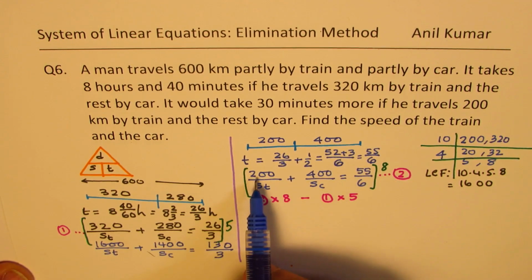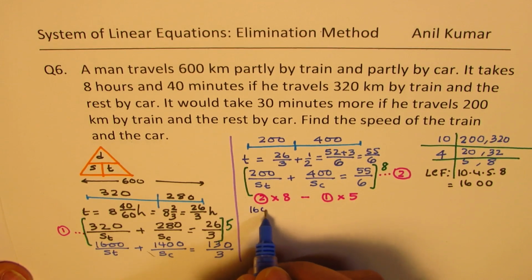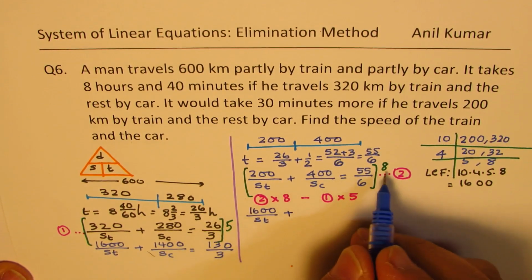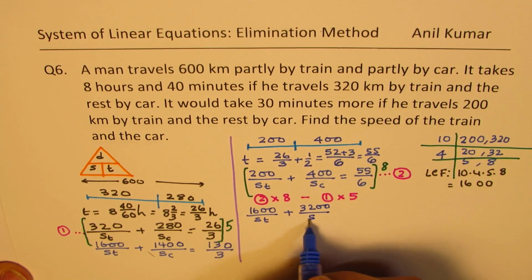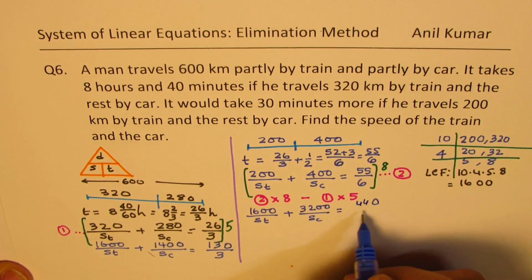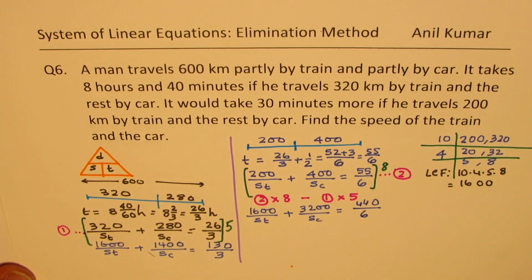Here, when you multiply by 8, you do get 1600 over speed of train plus 8 times 400, which is 3200, over speed of car equals 2. 8 times 55, 440 over 6. Clear? So this is after multiplying by 8. Now we have to take away from this equation that equation.